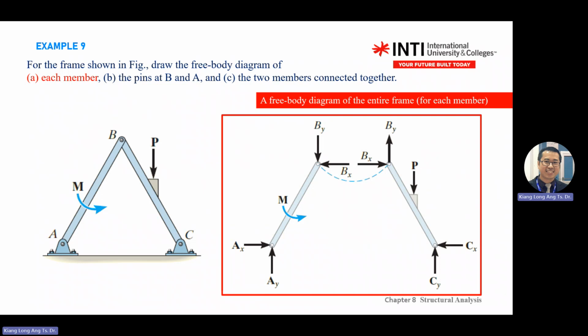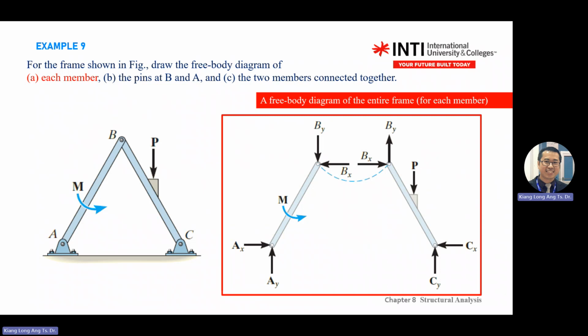So if I copy this one, let's say this is pin B. If I look at member AB, the BY is pointing down, BX is to this one. So I transfer this one to here. So BX will be here, BY will go up. This is member AB.